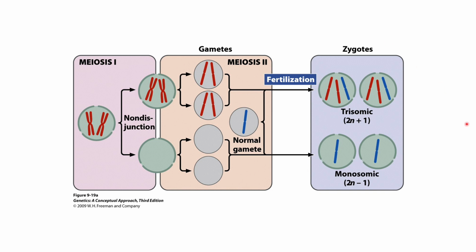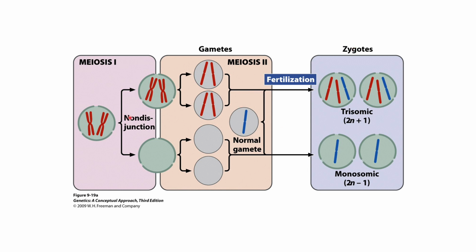As we saw earlier, aneuploids can be produced through non-disjunction in meiosis and mitosis. The gametes that result from meiosis in a parent with non-disjunction combine with a normal gamete with a blue chromosome from the other parent to produce zygotes.